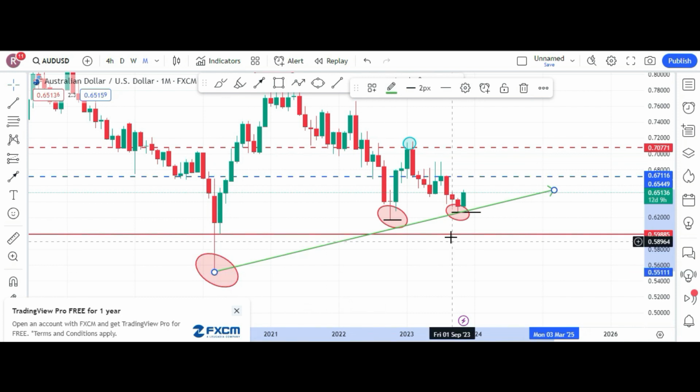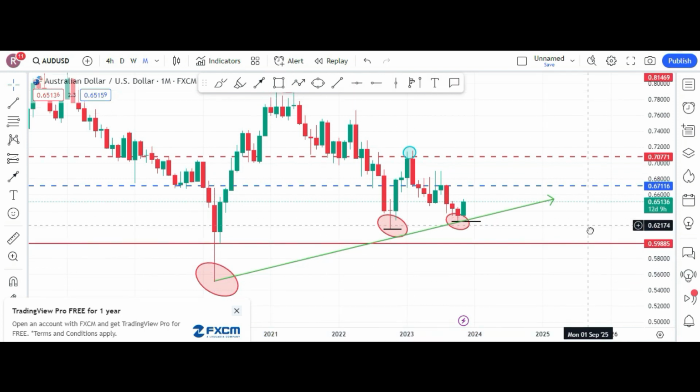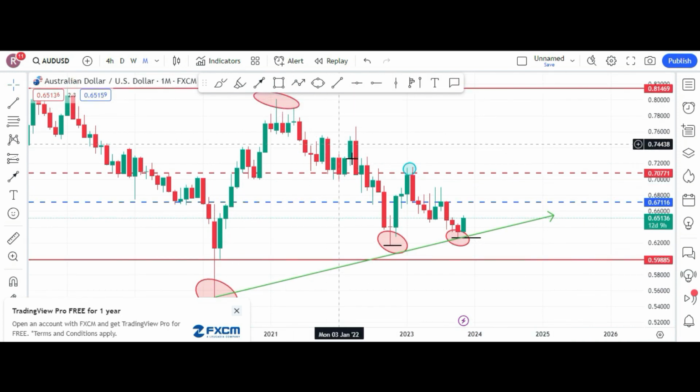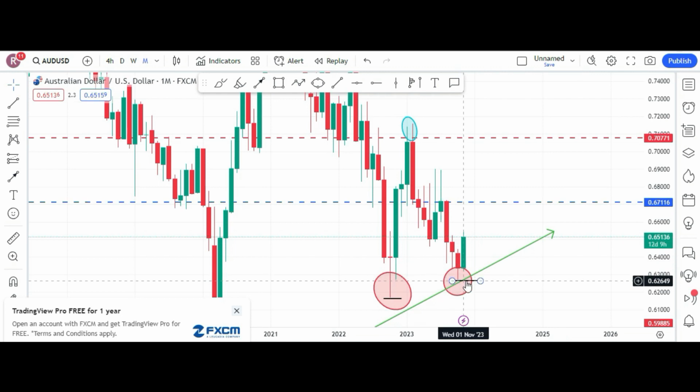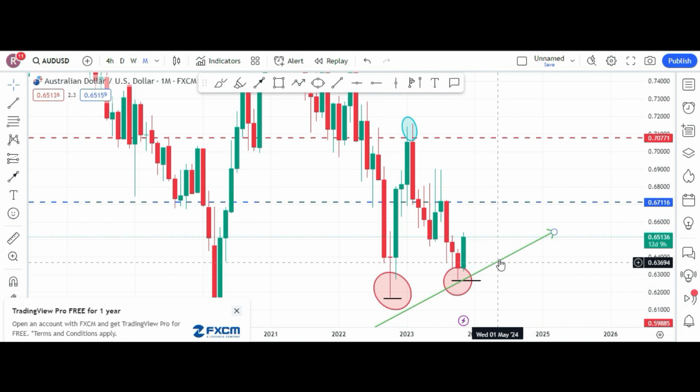Here it has created a high, it came back, created a higher low compared to that, and again it came back and created another higher low. So this is the thing to keep in mind. That's it for the monthly time frame.